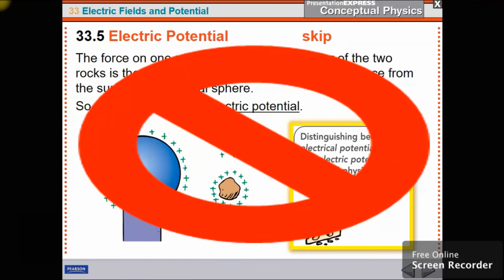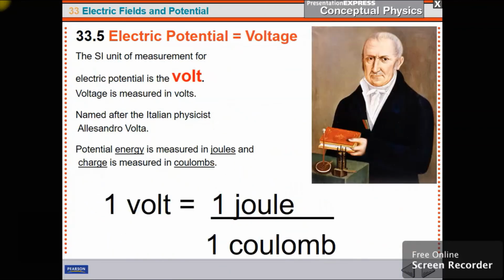And here we go. That is a picture of Mr. Volta. He looks a little grumpy in that picture. There are a lot of angry old white men in the history of science. The SI unit of measurement for electric potential is the volt. Voltage is measured in volts, and this was all named after Mr. Volta.